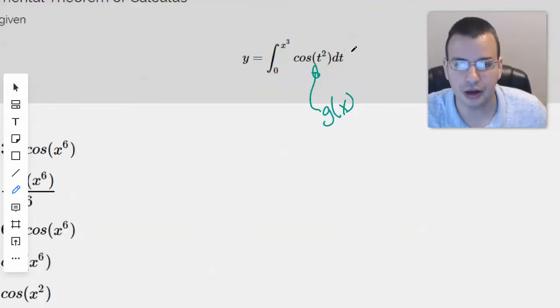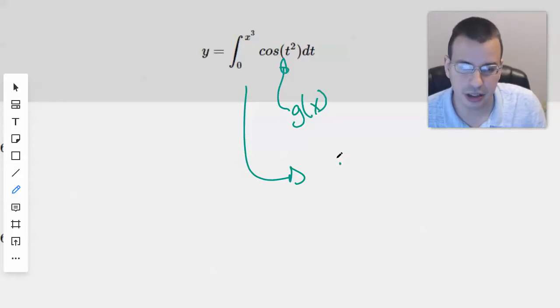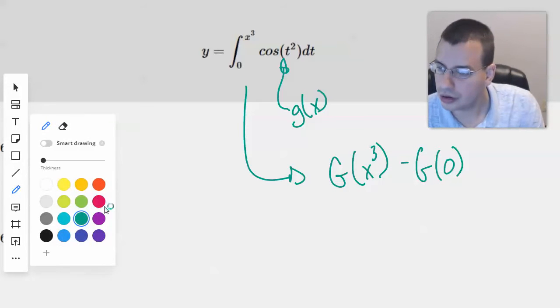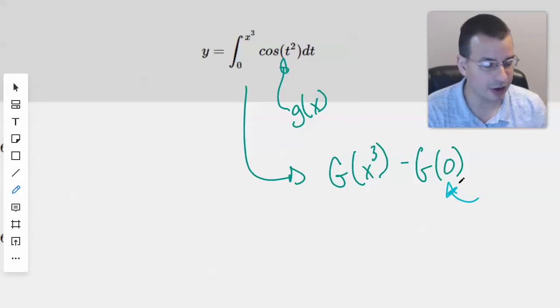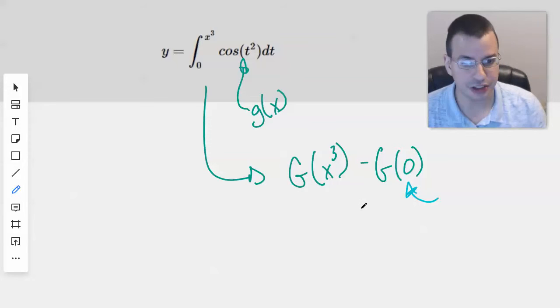I'm going to start by rewriting this as big G, the integral of such, of x cubed minus big G of 0, where big G of 0 is just the integral evaluated at 0. That is just going to give us a constant.